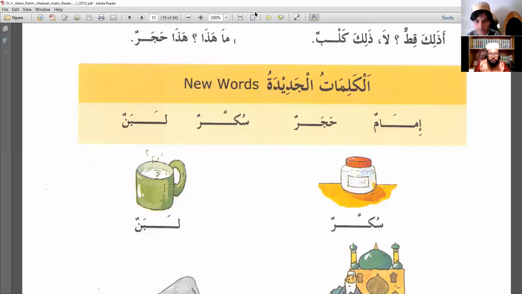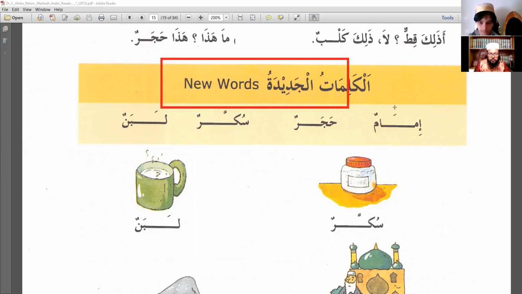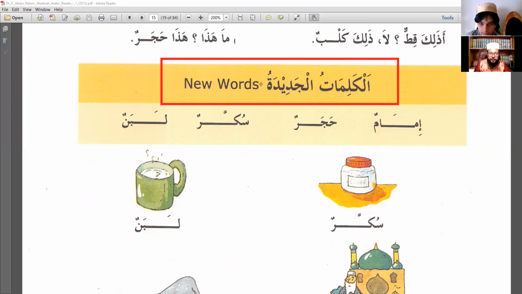So, what is this? Can you say? Al-kalimatul jadidatu. New words, means new words. Al-kalimatu means words; kalimatu is plural, word, words. And jadidatu means new.